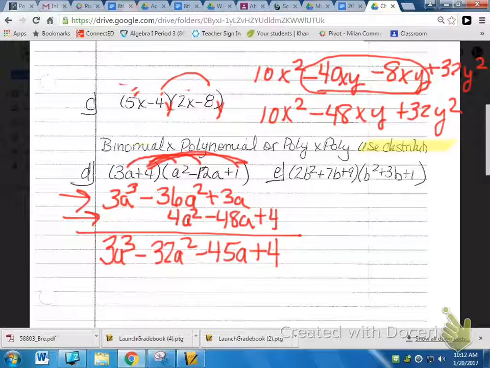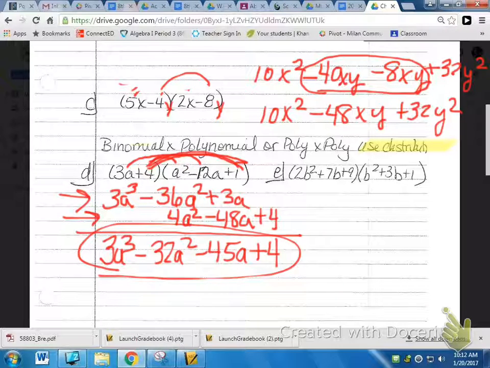I lined up my like terms down below, combined them, and put them in descending order of my variables so they were in standard form, and this would be my final answer.